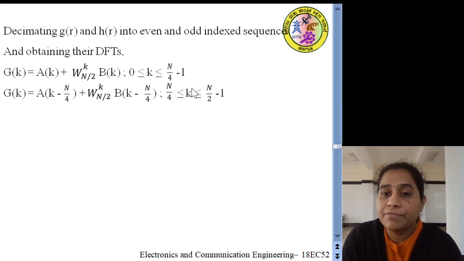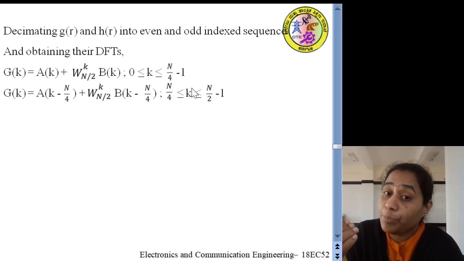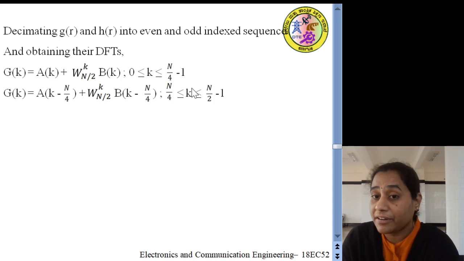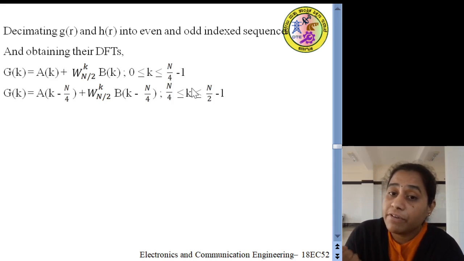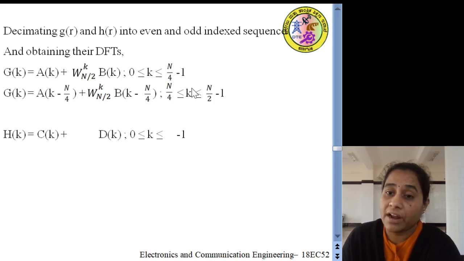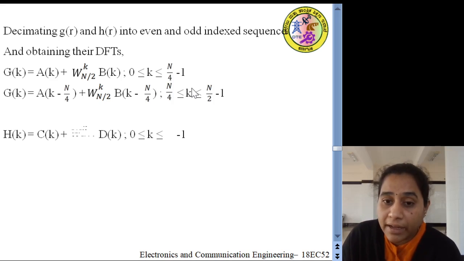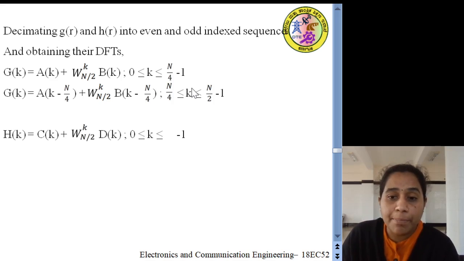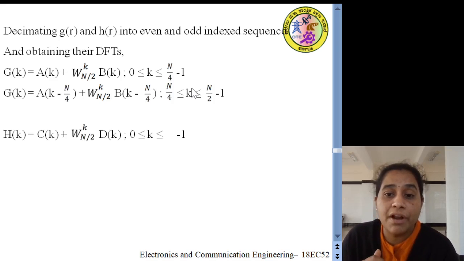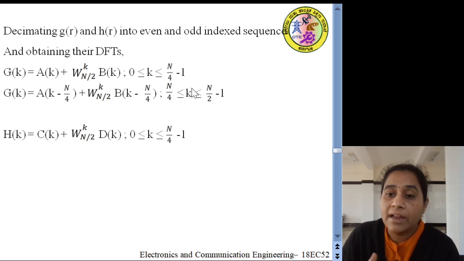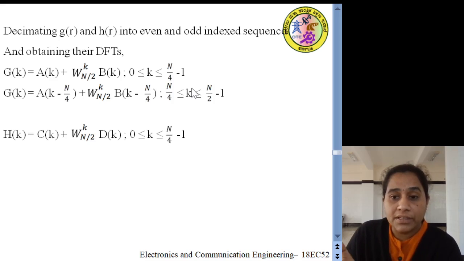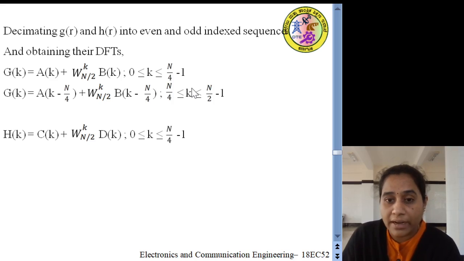This is for G[k], that is, G[k] is nothing but the N/2-point DFT of g[r]. Similarly, next we will be considering H[k], which is the N/2-point DFT of h[r], that we are splitting again. So, H[k] can be represented as C[k] plus W_{N/2}^k into D[k], where the value of k varies from 0 to N/4 minus 1.